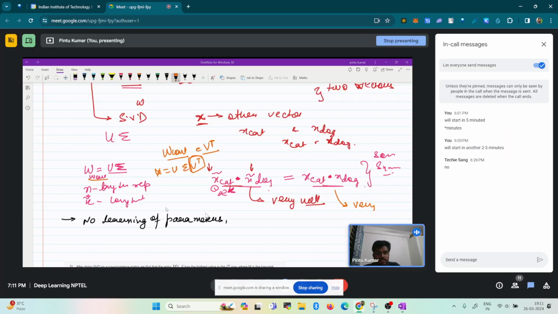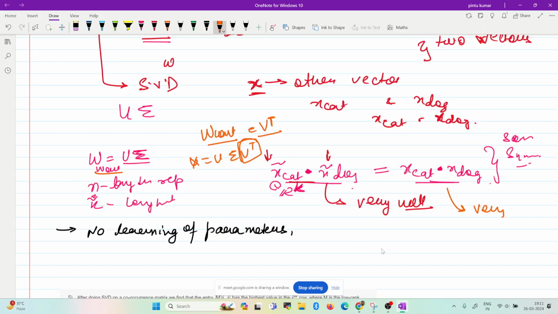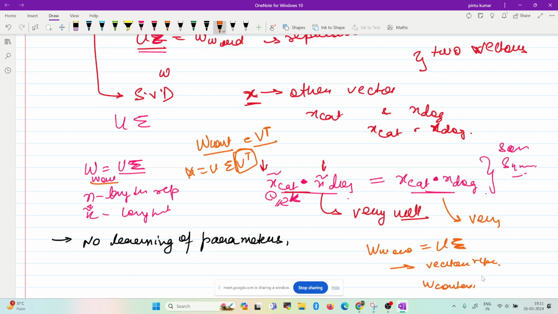This is how SVD learns. It will take W word as U sigma, and every row would correspond to a vector representation for that particular word. Similarly for context, what is the dimension?